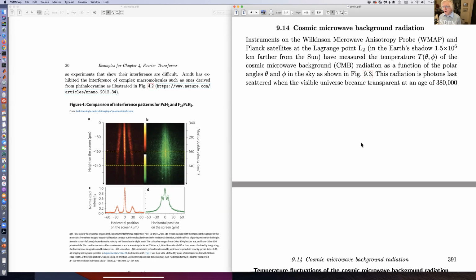And it's about 1.5 million kilometers farther from the sun than the Earth. And it just follows the Earth around the sun. And it sits in the shadow of the Earth because you want the instrument to be as cold as possible, because it's measuring the microwave background radiation, which is at basically 2.7 degrees Kelvin, which is very cold.